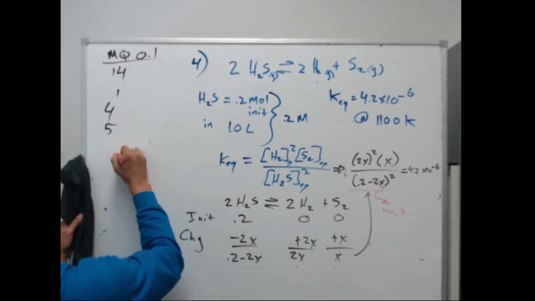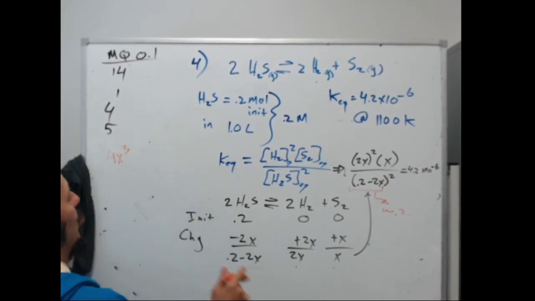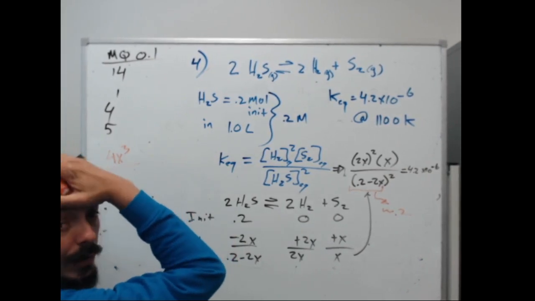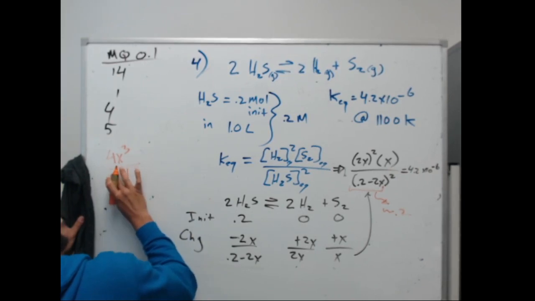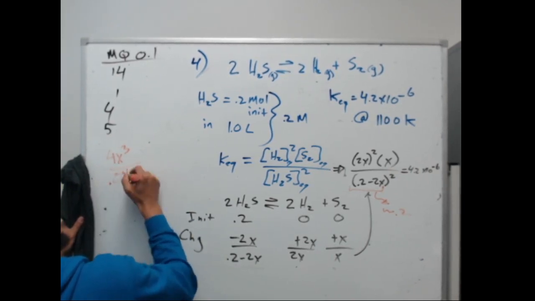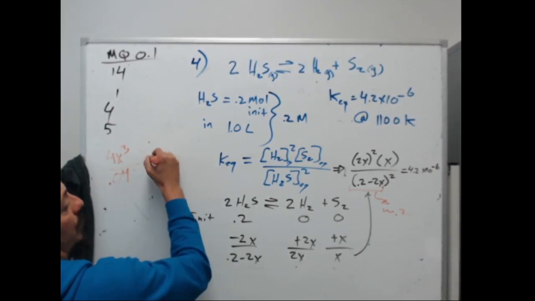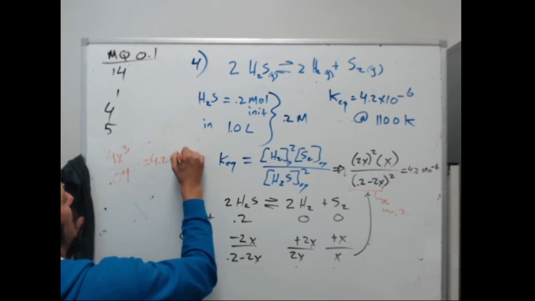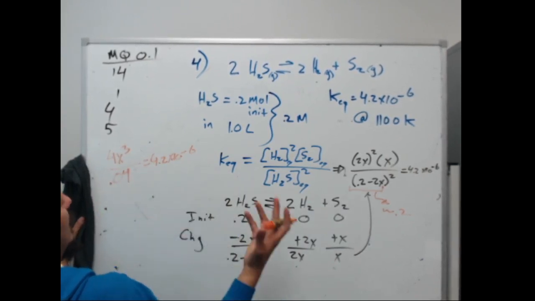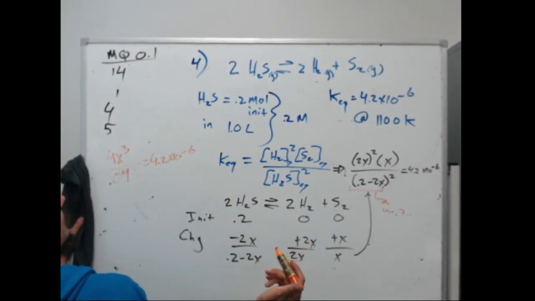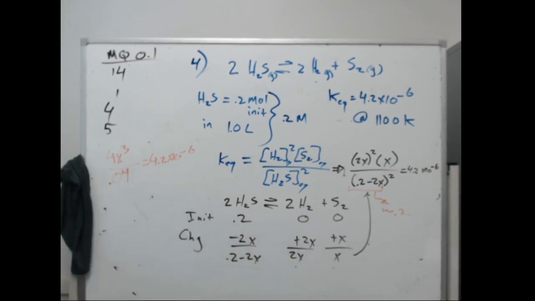So we're going to have 4x cubed. Since it's approximate work, I want to recognize that. 0.2 squared is 0.04, so that is equal to 4.2 times 10 to the minus 6 multiplied by 0.04 divided by 4, take the cube root. I can't do that in my head. It's multiplied by 0.01, which is going to give us 4.2 times 10 to the minus 8.